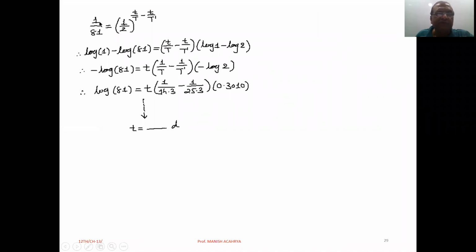Now take log on both sides, take small t common, substitute the values of capital T and capital T dash, and solve this equation. You will get the time after which this happens. Clear to all of you?